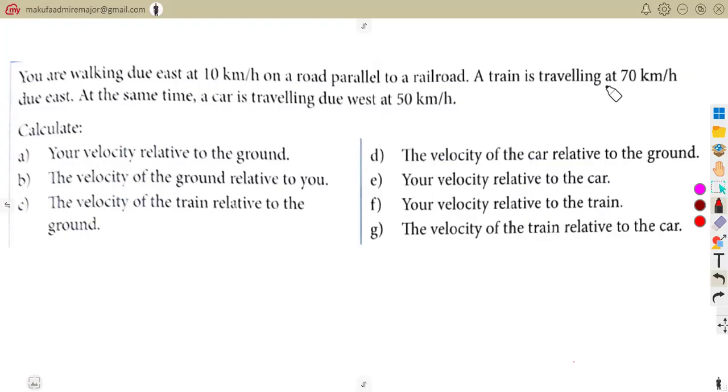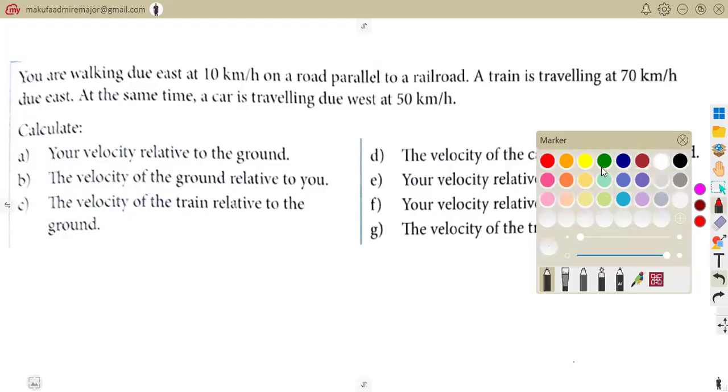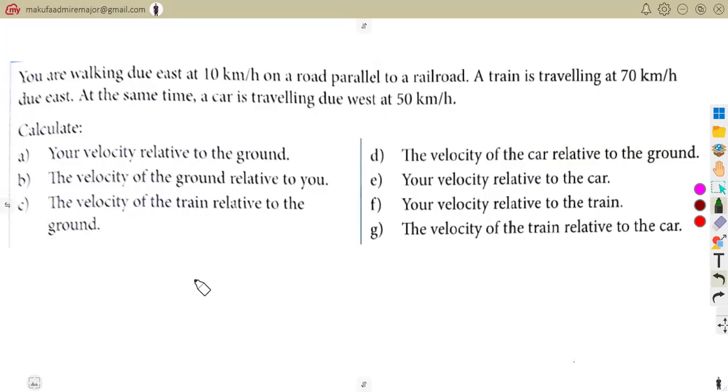And the questions: calculate your velocity relative to the ground, and the velocity of the ground relative to you. I don't know if it is clear. Yes, it is clear.